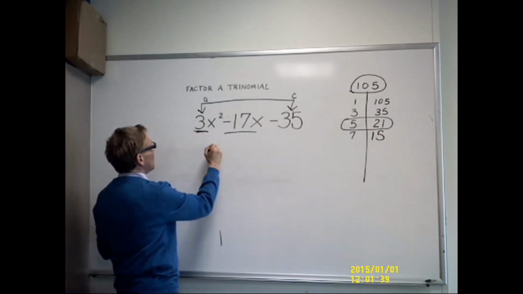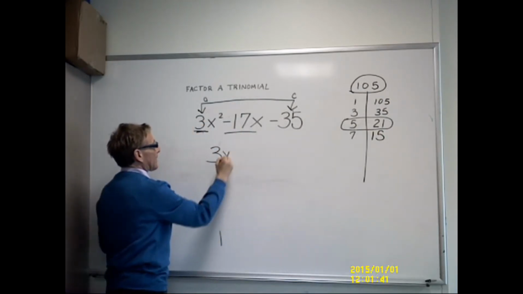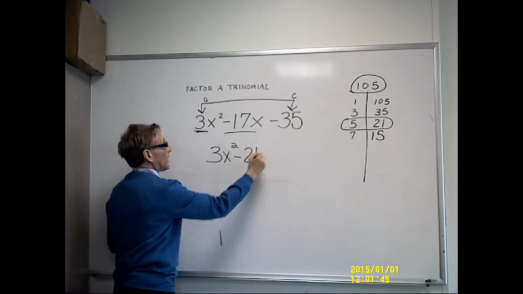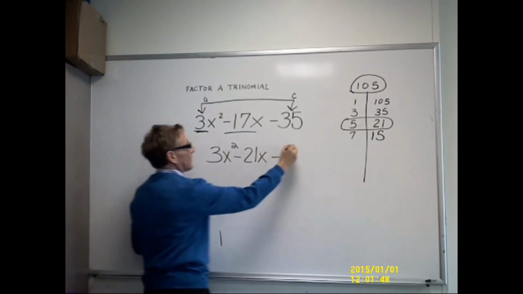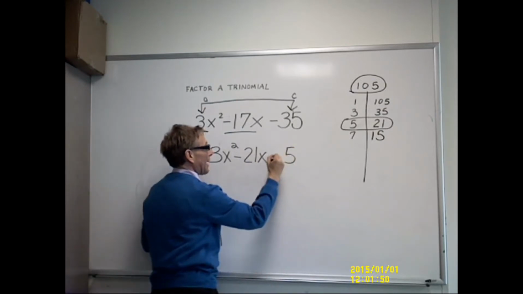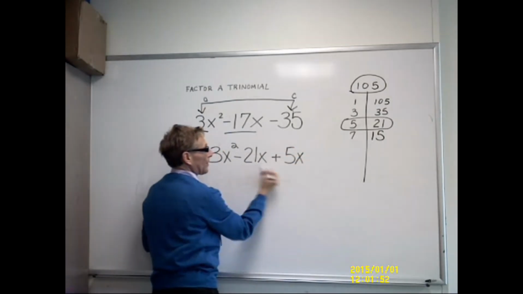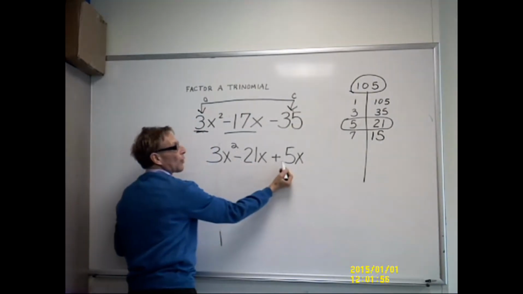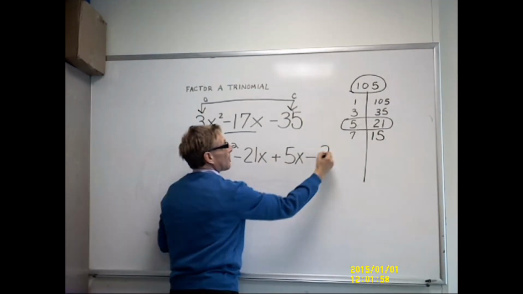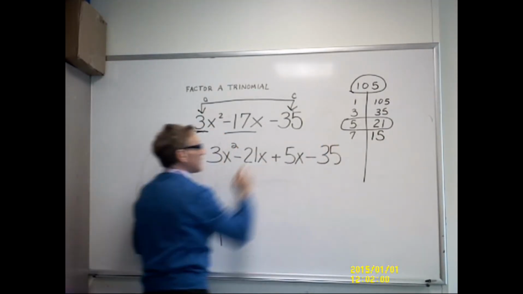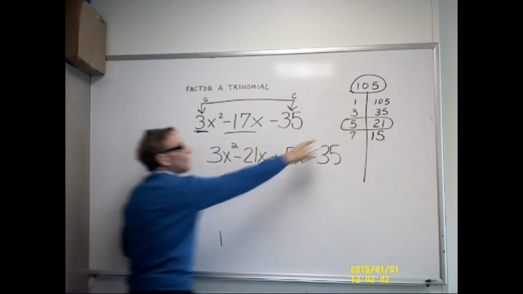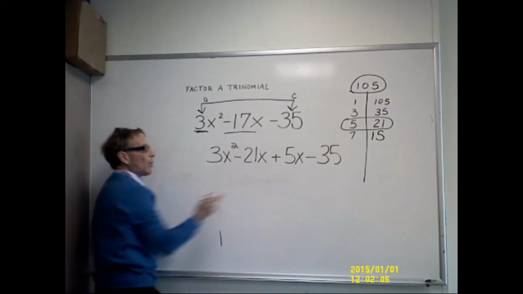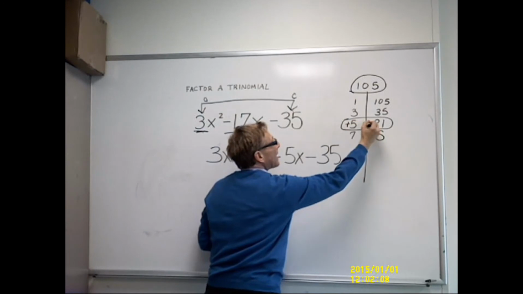So I will rewrite this as 3x squared minus 21x, plus rather, 5x, because these combine to negative 17. So it's a minus 21 and a positive 5, minus 35. So I kind of split that up by its multiples, the 5 and the 21, positive 5 and negative 21.